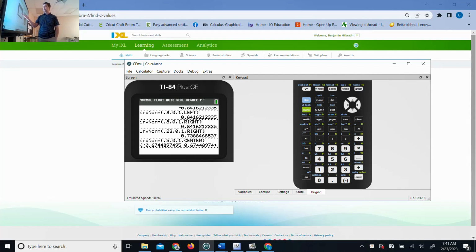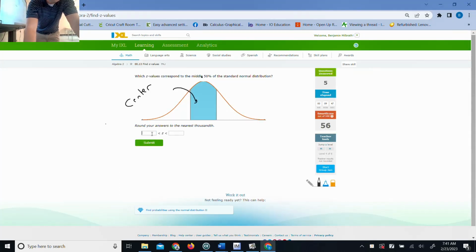You've got something on the left at negative 0.674. On the right, you've got the positive 0.674. We used to teach this a little bit harder. We'd actually use tables and stuff, but you guys have it easy and think it's hard.